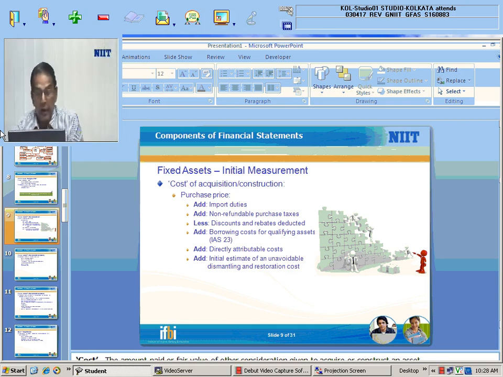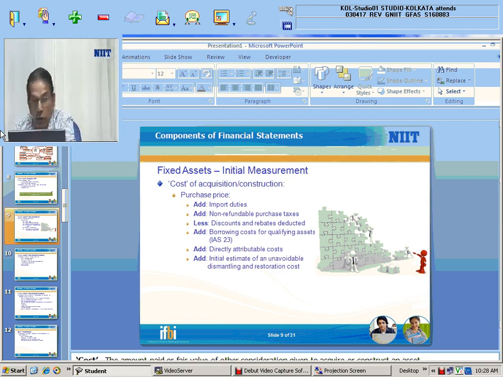Now from an environmental consideration, there is a condition that after 10 years or 15 years, the plant must be dismantled and the plant cannot be used for more than 15 years. It must be dismantled at the end of that period, and the site must be restored to the original condition. If there is a condition like that, then the initial estimate of any unavoidable dismantling and restoration cost must also be added for the purpose of initial measurement.